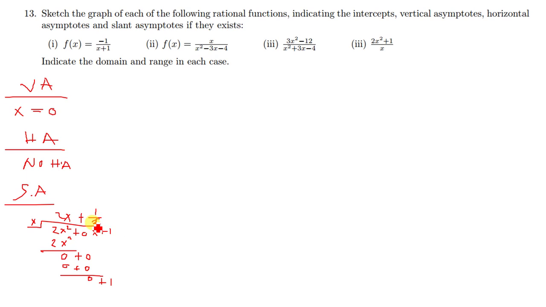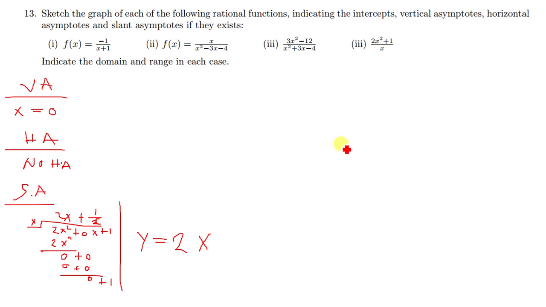So the slant asymptote that we have is just this one here, 2x. So the slant asymptote here is y equal to 2x.